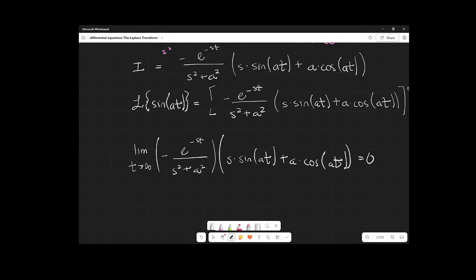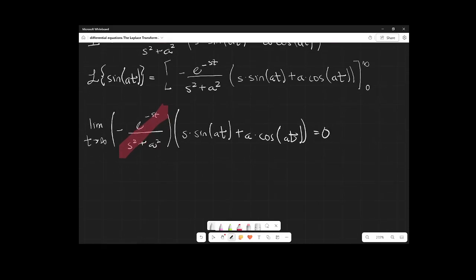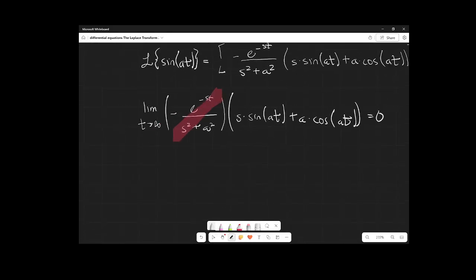I didn't even really need to write that whole thing because we know that this term goes to 0, which makes this whole thing go to 0. So the upper limit is 0.